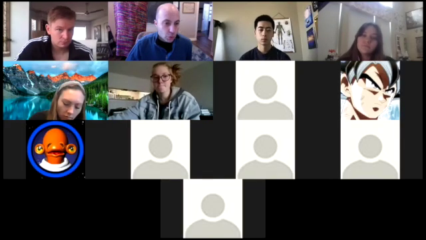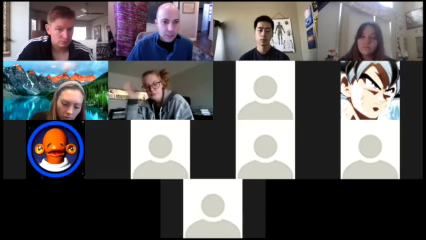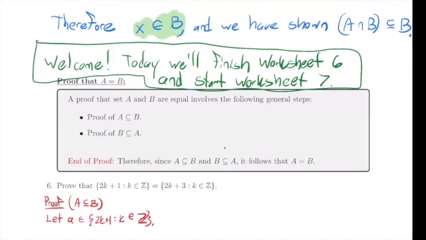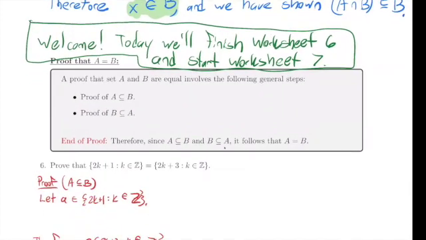Okay, so let's take a look at this worksheet 6. What you read about, in addition to power sets that we'll get to as well, was how you prove two sets are equal. The general proof here is you want to prove that the first set is a subset of the second, and then vice versa, the second set is a subset of the first.